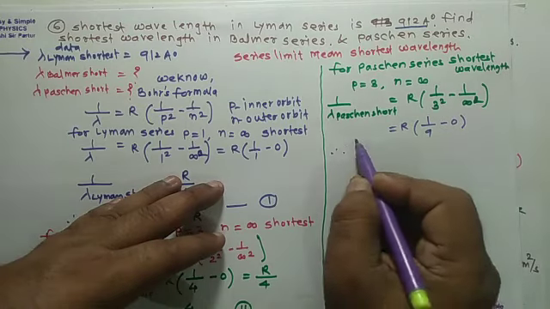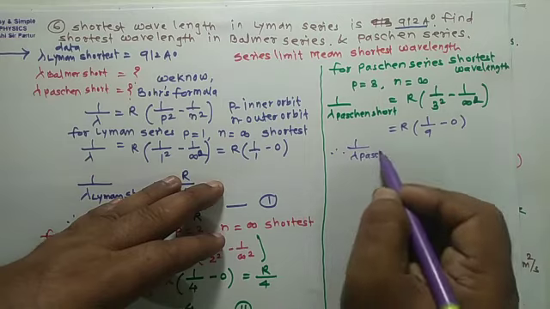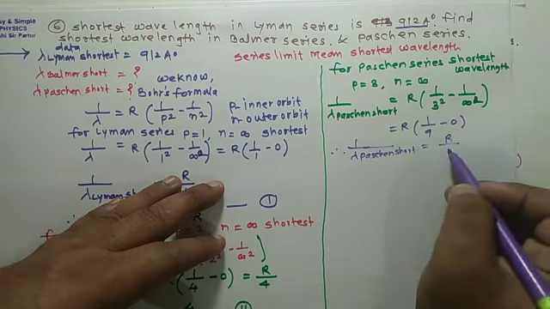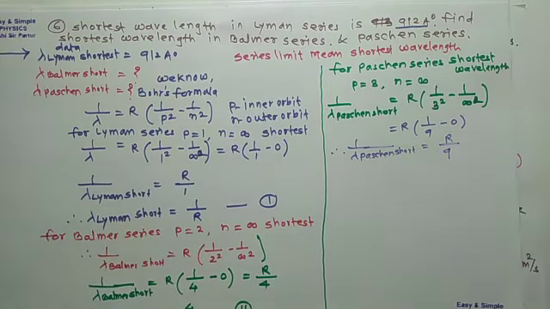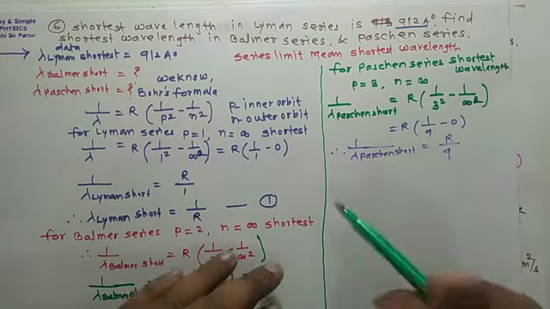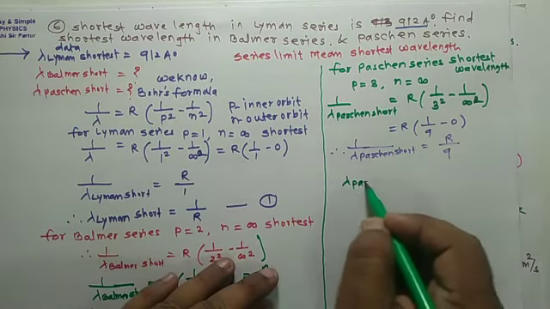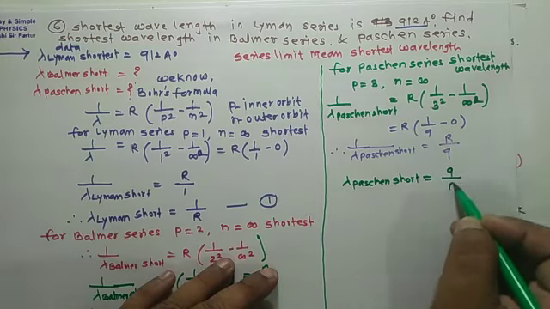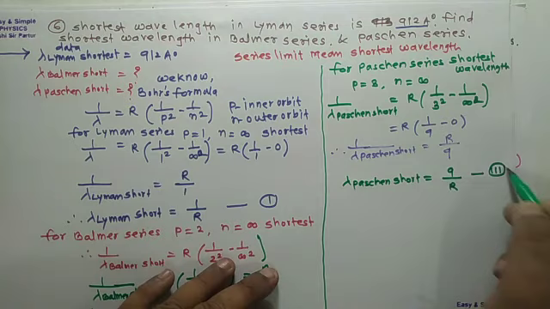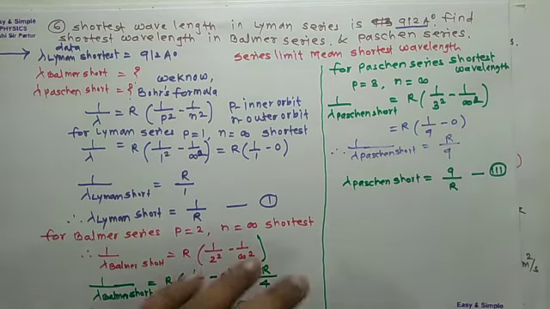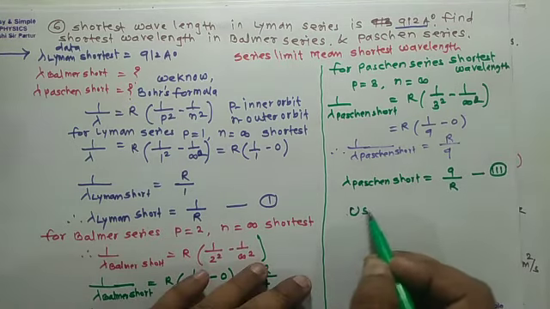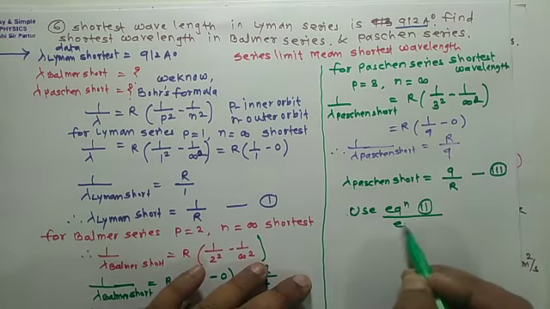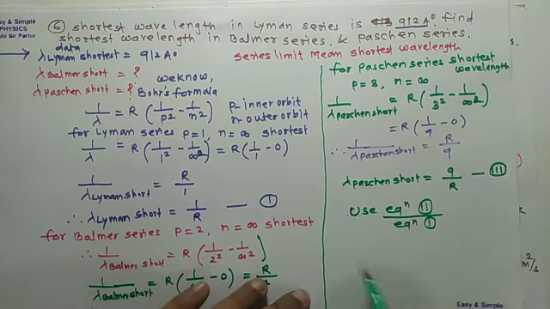So therefore 1 upon lambda Paschen shortest is equal to R upon 9. If we take reciprocal, lambda Paschen shortest equal to 9 upon R. Equation number 3.